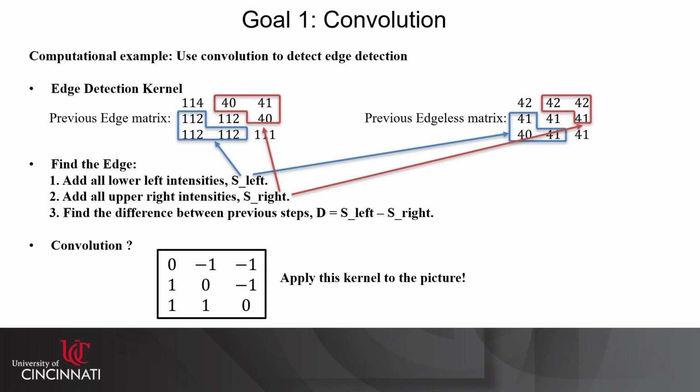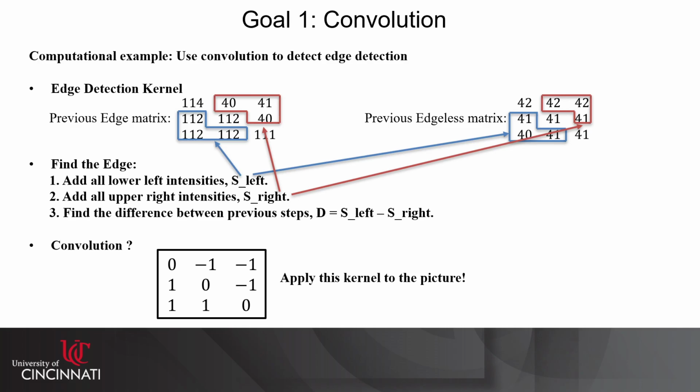Say I have a matrix written here, with 1 on the lower left corner, which is the blue corner, and -1 on the upper right corner, the red corner. When I multiply this 3 by 3 matrix to the original picture and then add them together, that's essentially the same computation we just did in the previous slide.